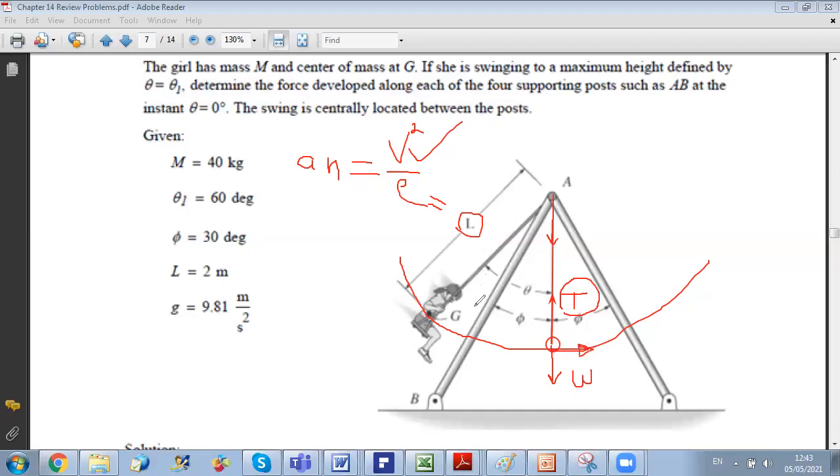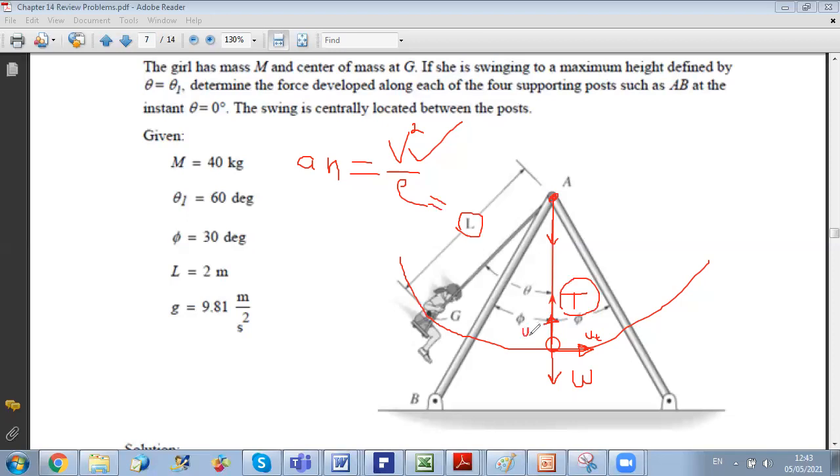Since it's a circular motion, ut is perpendicular to the radius. At the vertical position, the radius is vertical because it is along the cable, so ut will be horizontal, and un will be perpendicular to ut, directed towards the center of rotation, which is A.